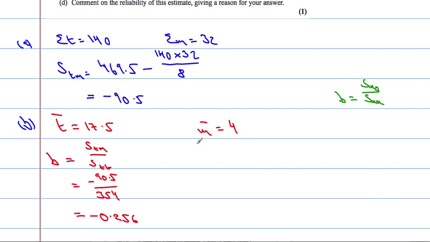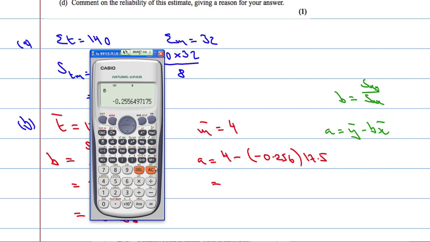Okay, now A is normally found by doing y bar. In fact, let's write it here. It's in the formula book. It's normally y bar minus B times x bar. So the y bar is going to be m bar. So we get 4 minus, and B is minus 0.256 times x bar. X bar is 17.5.